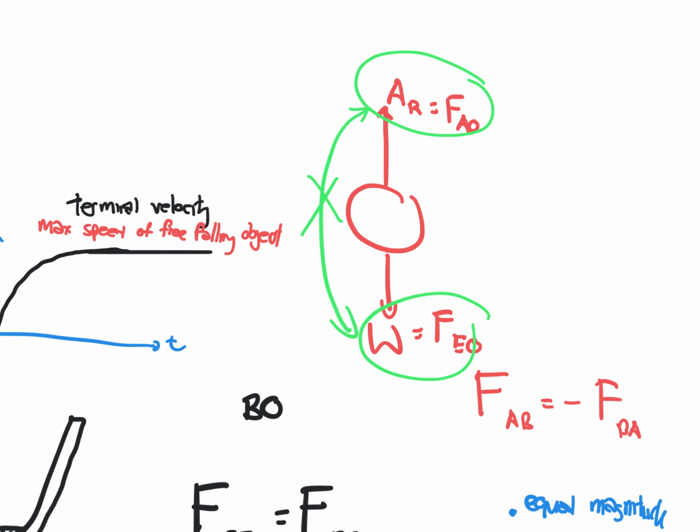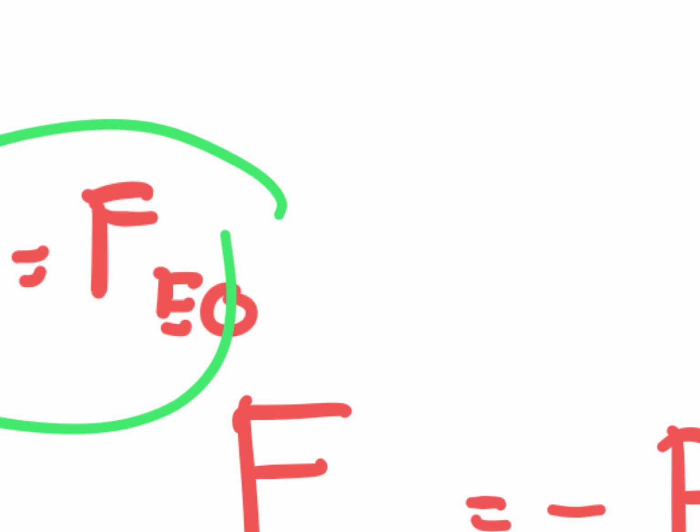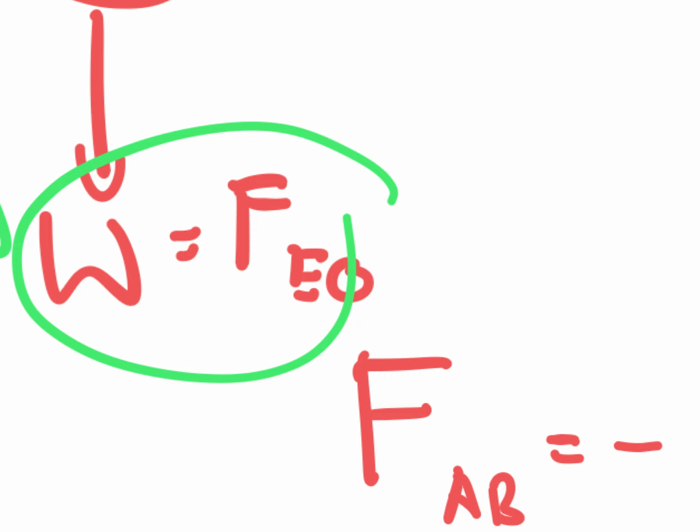So then from this diagram, could I find two other action-reaction pairs? Well, yes, I can. How does that work? If I look at air resistance, it is basically force by air on object. So if you use the idea of F_AB equals negative F_BA, it tells me that the action-reaction pair, the other one, would be force by object on the air. Likewise for this, if weight is force by Earth on object, it means that the corresponding pair would be force by object on the Earth.